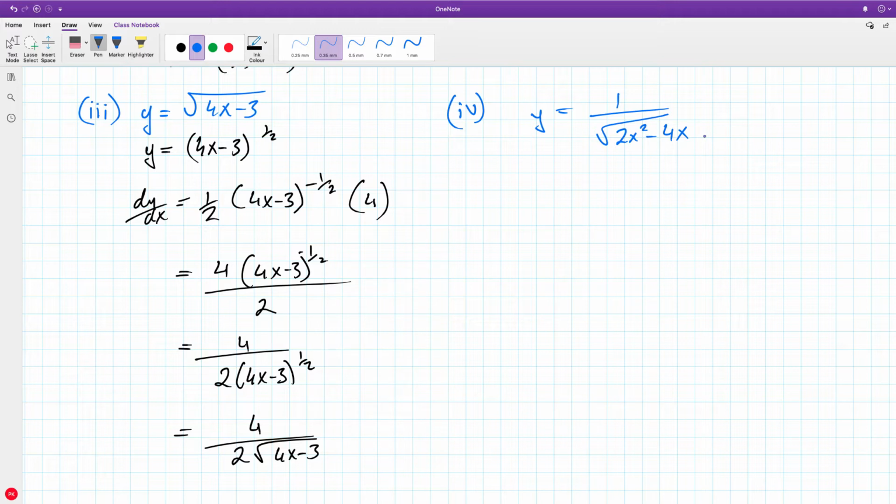Try to keep negative power on the top line. If they don't ask you for it in a certain format, that's perfect, but they generally will ask you to put it in a certain format.